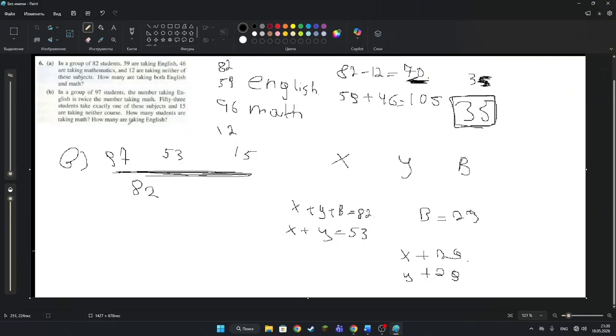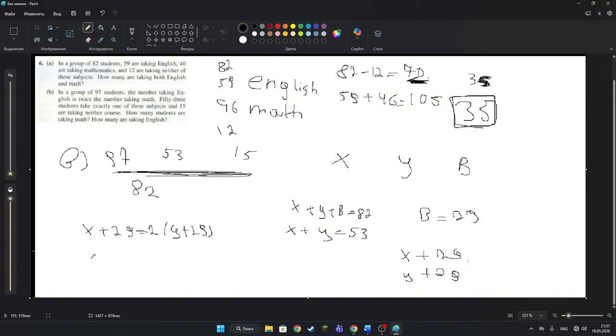It says that the number taking English is twice the number taking math. Then we can say that X plus 29 is equal to 2 multiplied by Y plus 29.